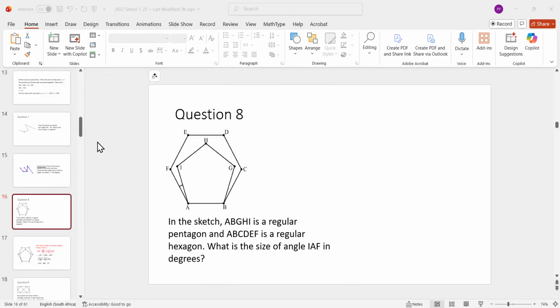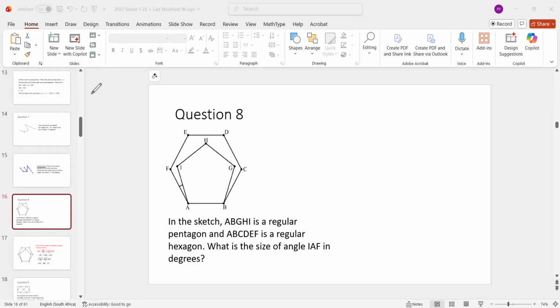That means it is a polygon with 5 sides, because that's what a pentagon is. And regular means all the sides and the angles are equal. So remember, in a regular polygon, all the sides and the angles are equal. This pentagon has got 5 sides.